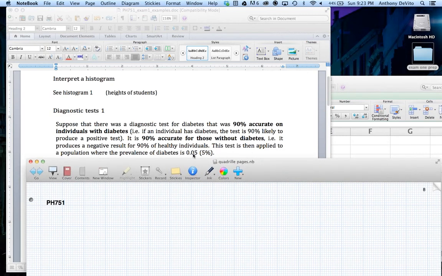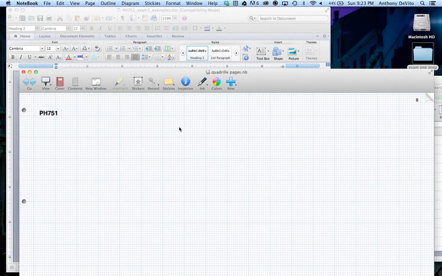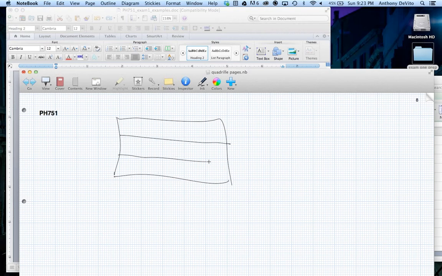The prevalence is 5%, so I'm going to create a sample. Okay, this is disease positive, disease negative, test positive, test negative.